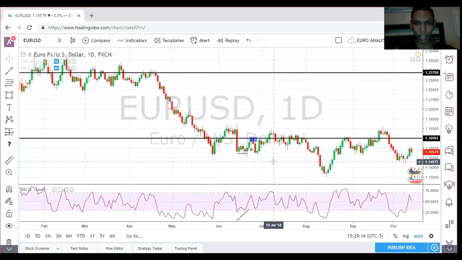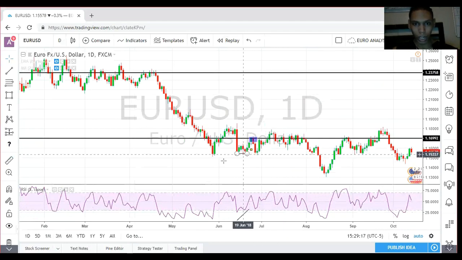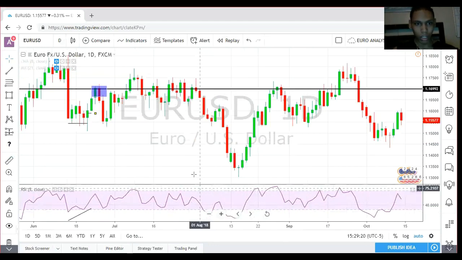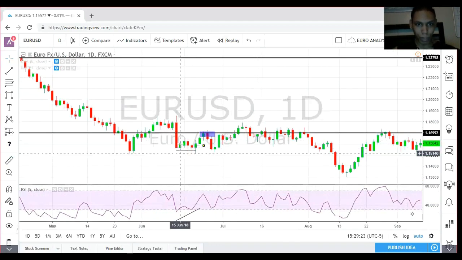This was a daily time frame, on what I saw from this bearish engulfing. Like I said, this bearish engulfing day, price bounced, you entered, rode up to the resistance, and price teetered.